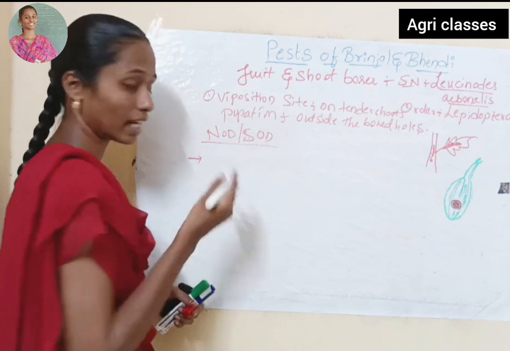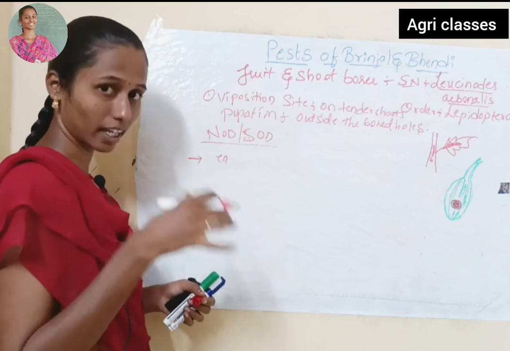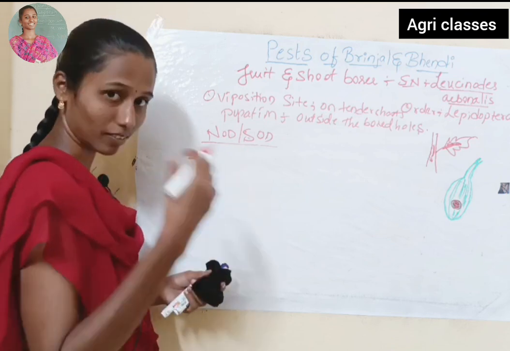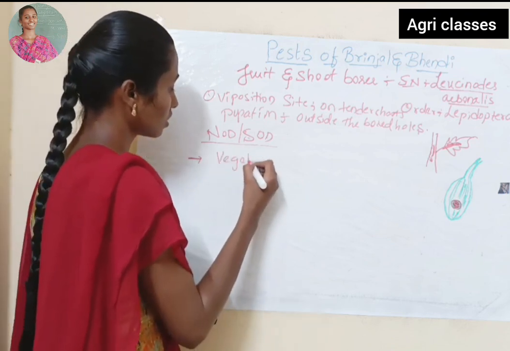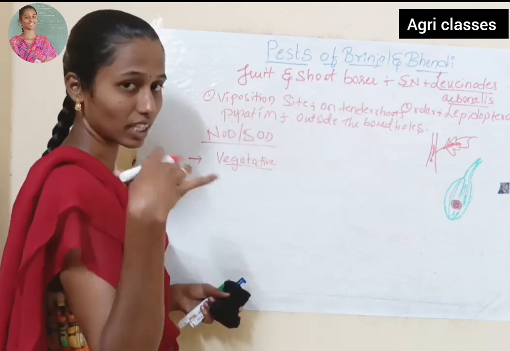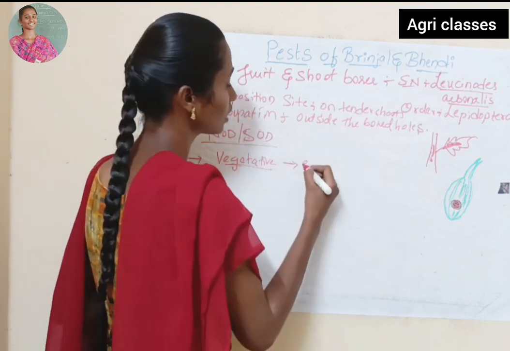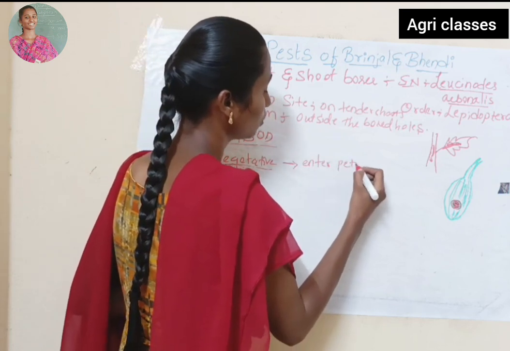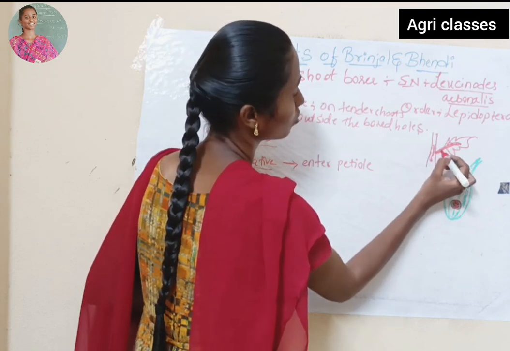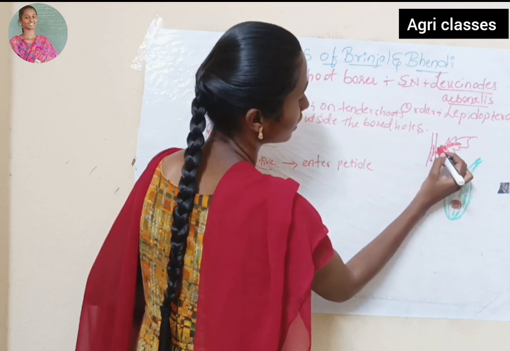After hatching, the larva enter into the petiole. This is during the vegetative stage, before commencement of flowering. So here the name is shoot and fruit borer, so they will attack fruits as well as shoots. During the vegetative phase, these larvae after hatching first enter into the petiole. They make their oviposition site on tender shoots, where they lay their eggs.